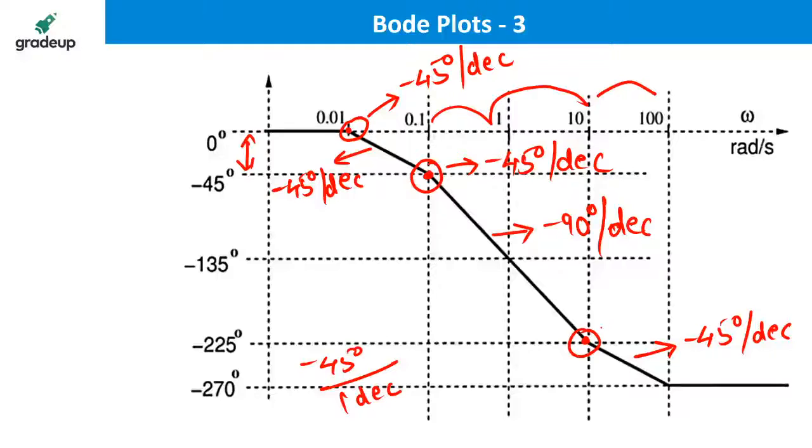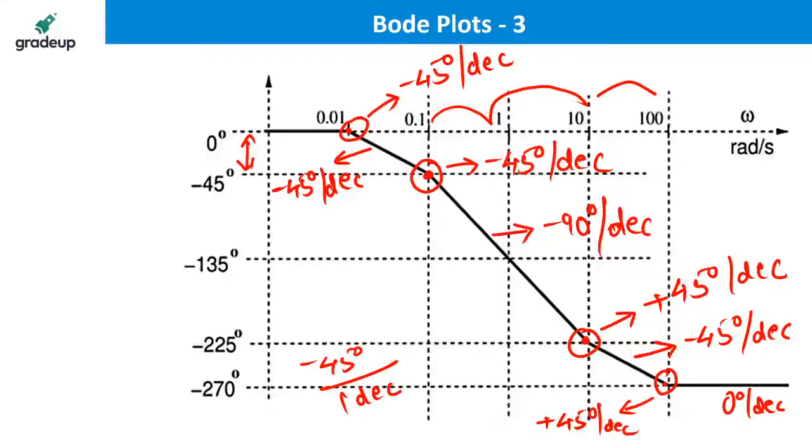So here the slope is getting added by plus 45, minus 90 plus 45, then only it is minus 45. And finally the last line is parallel to the x-axis, so it has a slope of 0. So here also what is happening at this point? Minus 45 plus 45 will become 0.